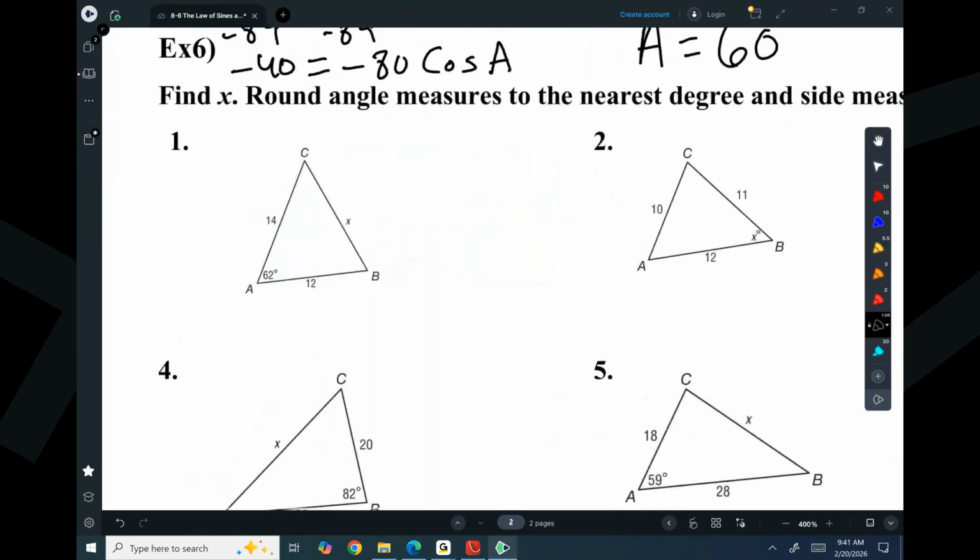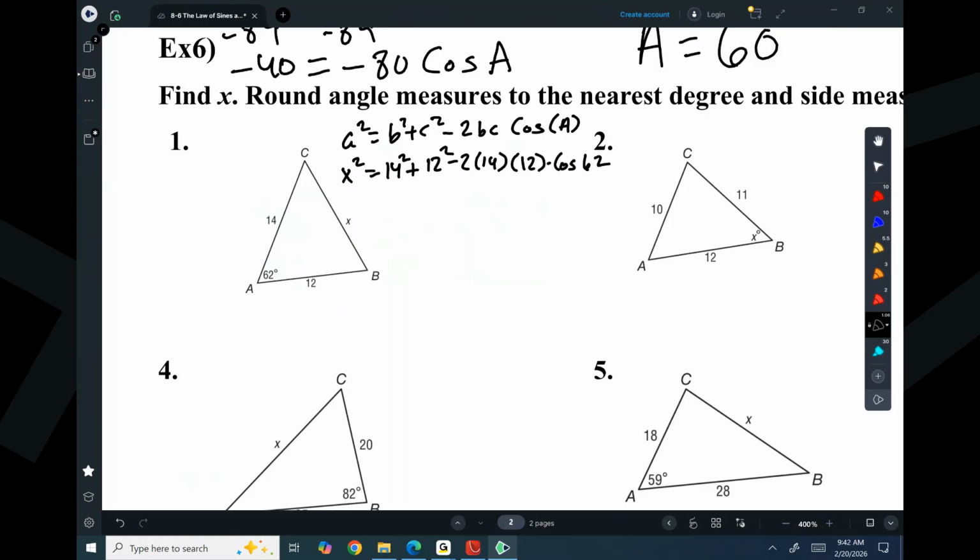So let's do one last one. So that would be, that's A, right? So A squared equals B squared plus C squared minus 2BC cosine of A, right? Fill in the blanks. That's X squared equals, what's B, please? 14 squared plus C is 12 squared minus 2 times 14 times 12 times the cosine of what? 62, right?